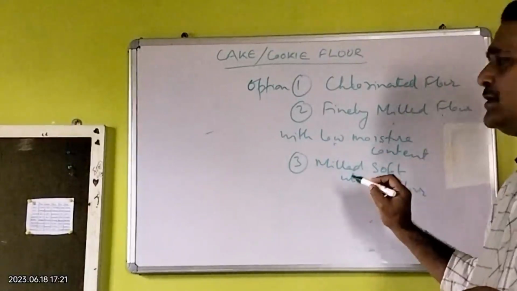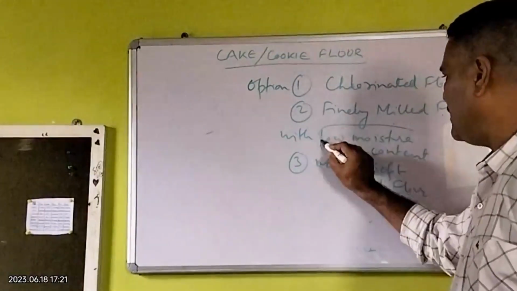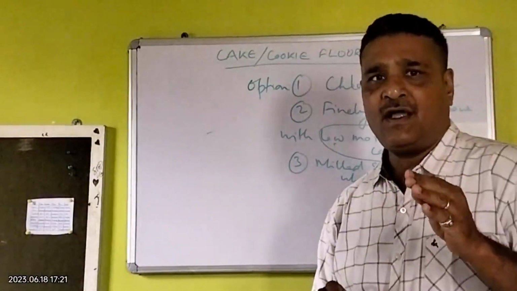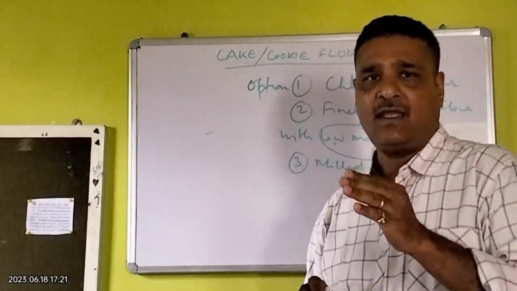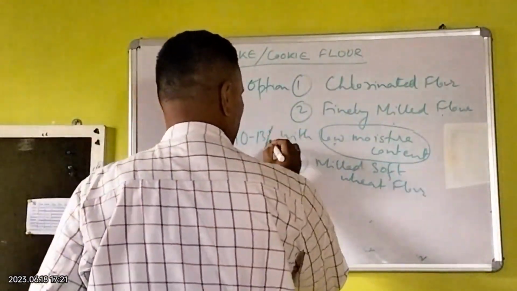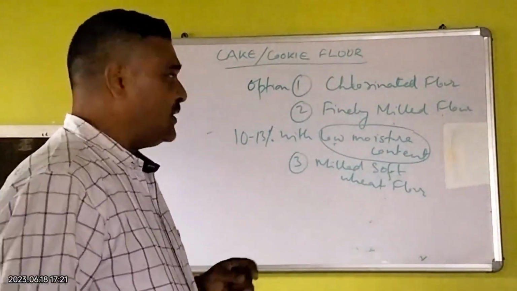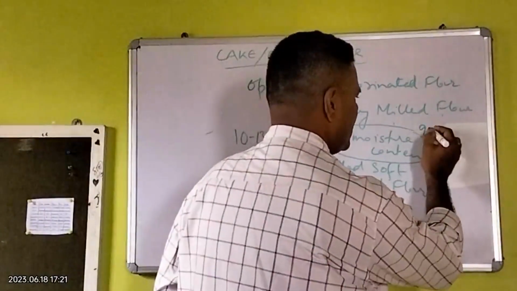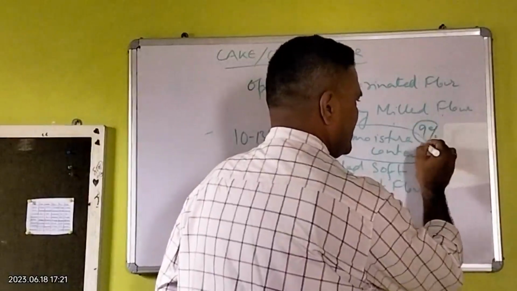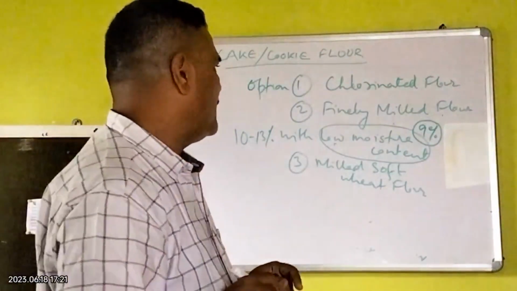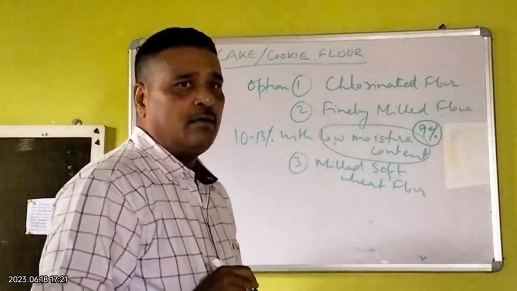I draw your attention to this low moisture content flour. We discussed that the flour moisture content for a cake is between 10 to 13%. Now when I say low moisture content, I have to get it down to around 9%. This will improve the shelf life of the cake. Now what is finely milled?